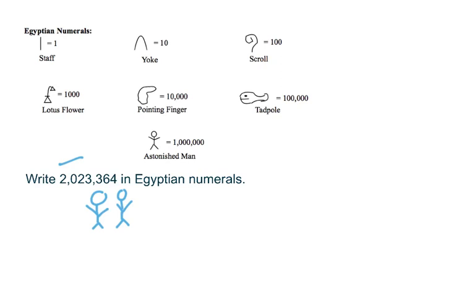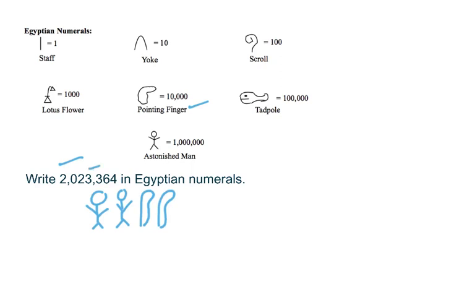There are no 100,000s, so we won't have any tadpoles in this one. But 20,000, our 10,000s are the pointing fingers, so we would need a couple of those. So here's a pointy finger, here's a pointy finger. You can kind of see, you can have a little bit of stylistic variation there. 3,000.